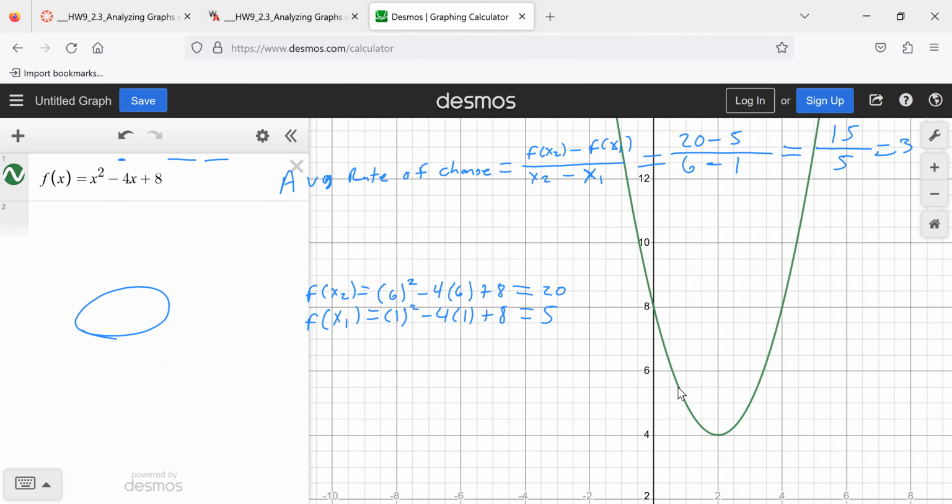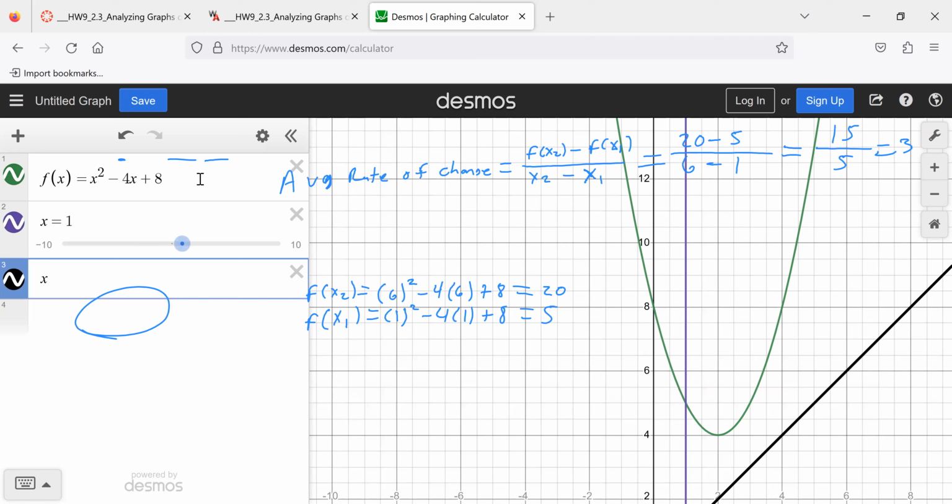Okay, so let's put a visual to this. What the heck does this mean? Well, at x equal to 1 and x equal to 6.